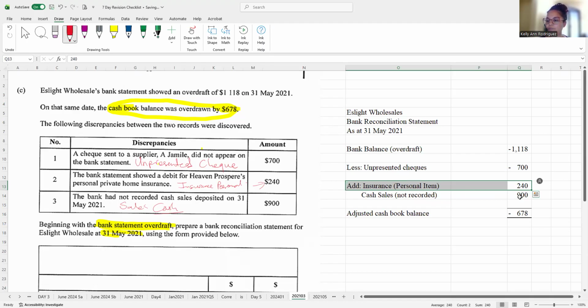So you need to increase your bank balance by 900. When you do the adjustment, your bank balance remains 678, the same as your cash book balance, which you started off with on the same date, a cash book balance of 678 overdrawn. And that's it. Once you follow the rule, you will be able to get your reconciliation down to the key.